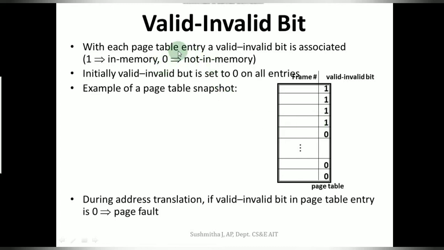If it is valid, the page is in the main memory. If it is invalid, it could be in the secondary memory. If it is not in the secondary memory as well, probably the process is actually trying to access another process's memory. Initially all the bits are set as invalid.